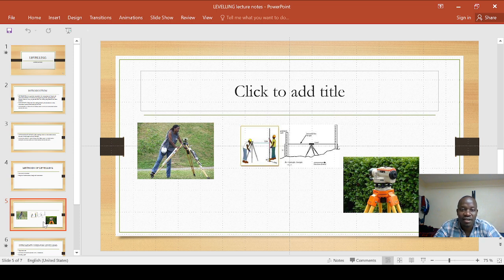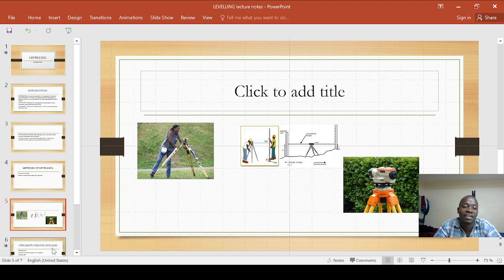As you can see there, we have the surveyor and the staff man. The surveyor sets the machine, whereas the staff man holds his staff directed to the observer to take the readings on the staff.